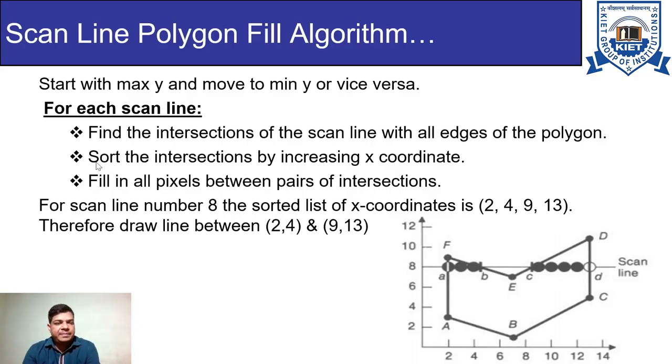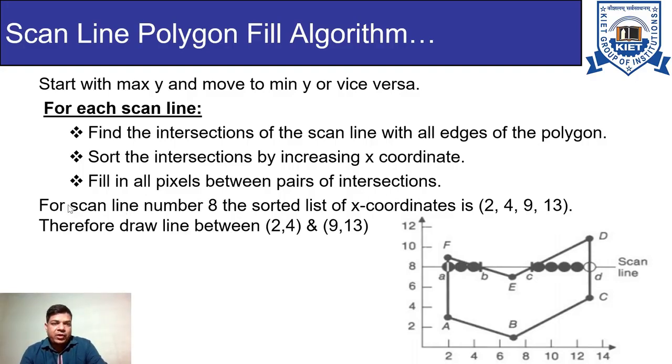Now in the second step we sort the intersections by increasing x coordinate, and finally we fill in all pixels between the pairs of intersections. So you can see that for scanline number 8, why are we calling it scanline number 8? Because we are keeping the position of the scanline with respect to the y-axis, and the y position of this scanline is y equals 8.